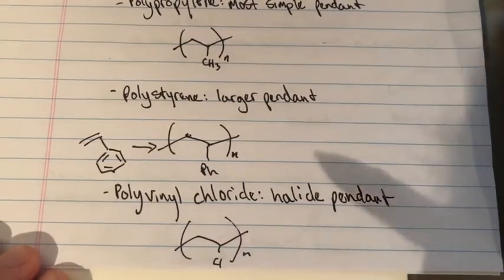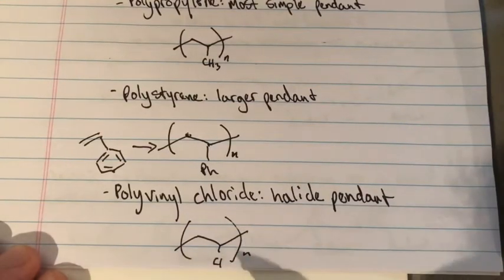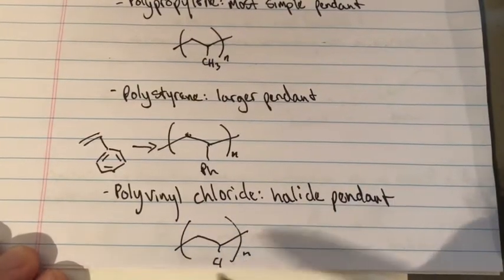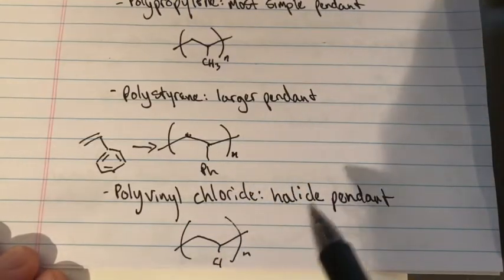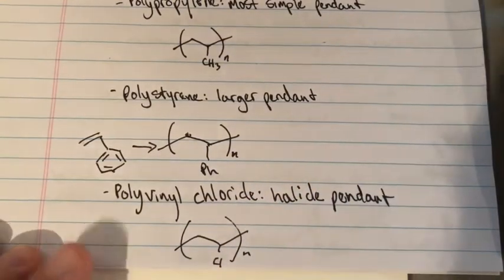Okay, so in other words, it's a pretty stable compound, but over time, if this is exposed to, say, something like light, this will break down and form HCl as a byproduct and kind of degrade.